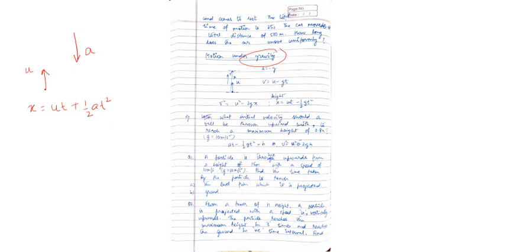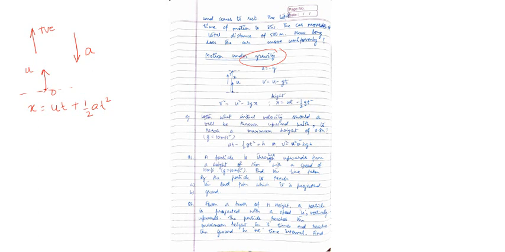Second, we want to see how to decide the acceleration of the body. We know that the acceleration is in the downward direction and it is a permanent one. So let us assume that the upward direction is positive and the point from which we are throwing the ball is the origin.